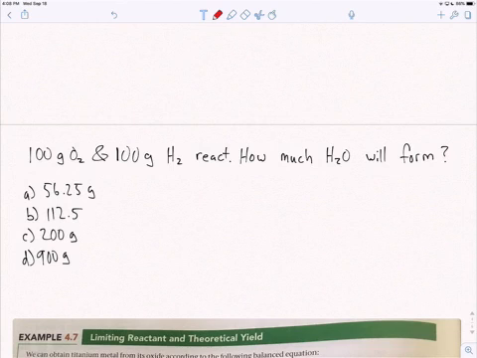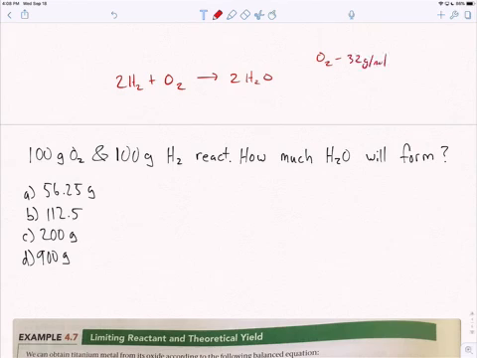Okay, so some hints. The chemical equation is 2H2 plus O2 yields 2 H2O. And also O2 is 32 grams per mole. H2 is 2 grams per mole. That's an ugly mole. Both ugly moles.